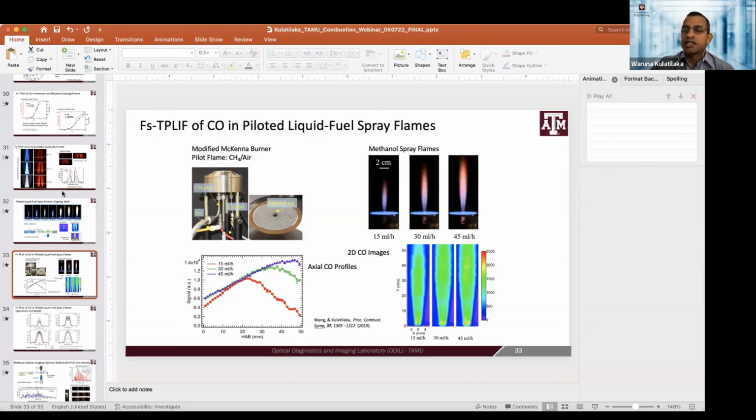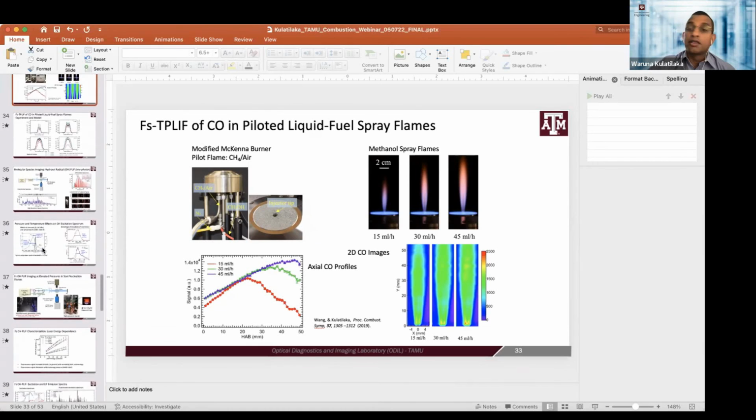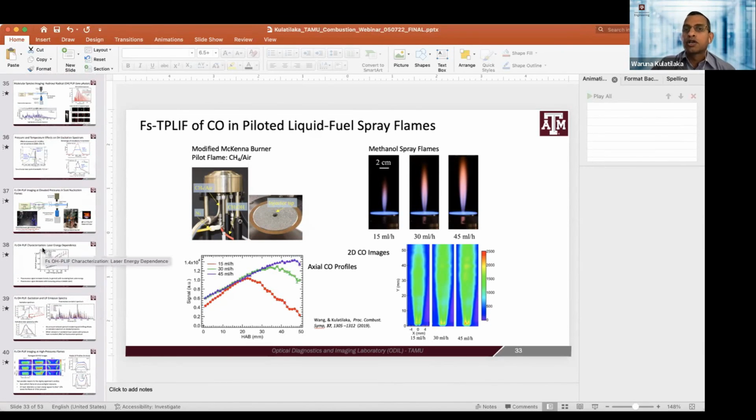So that's one challenge with H. Another challenge with H, or species like atoms, is the number density, which is extremely low. And then the third one is the two-photon excitation, because the two-photon cross sections are significantly weaker.